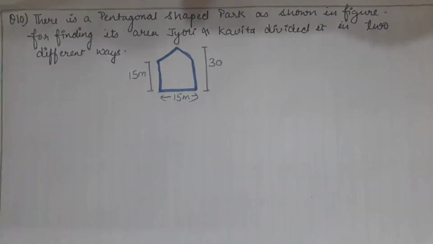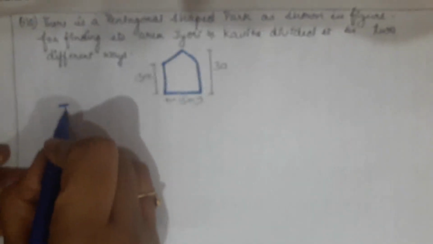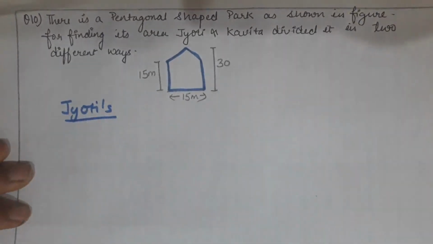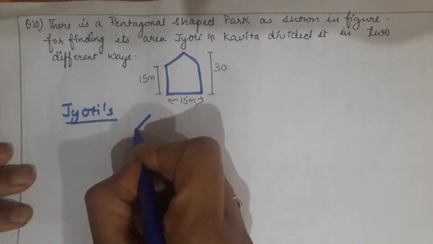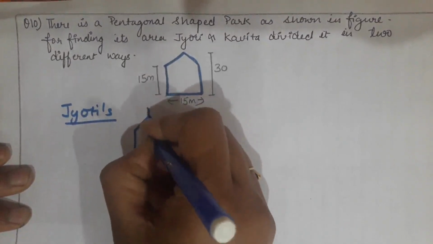According to Jyoti and Kavita, they are looking at this particular shaped park in 2 different ways, and they are trying to find the area of this pentagonal shaped park. So we have to calculate the area from both points of view, and then compare. Let's see Jyoti's point of view.